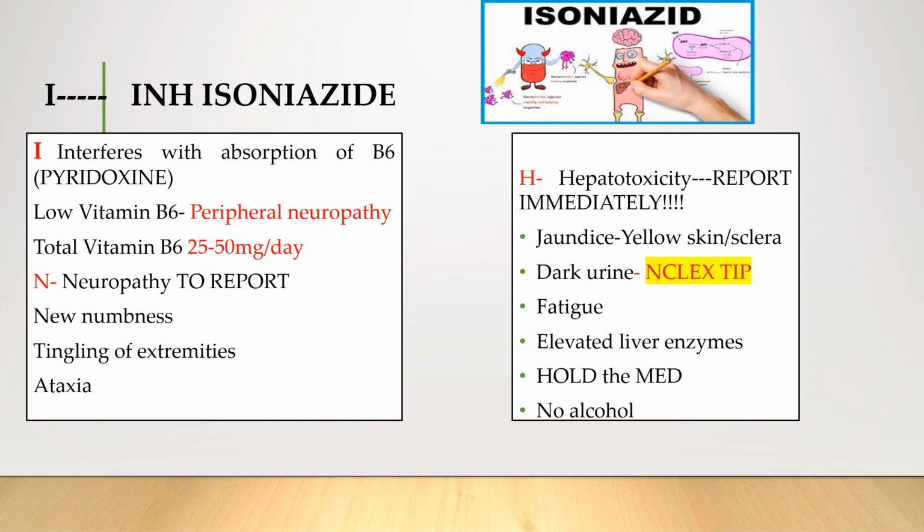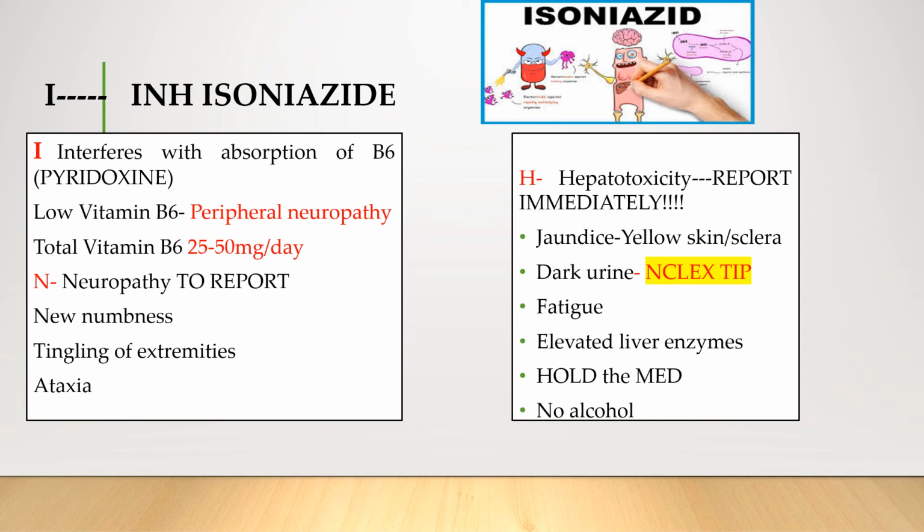Now coming to the next drug, that is isoniazid, also known as INH. So remember INH, all the things will be dealing with this INH. I means it will interfere with the absorption of B6, that is pyridoxine. So remember, our vitamin B6 will be affected if a person is taking isoniazid.